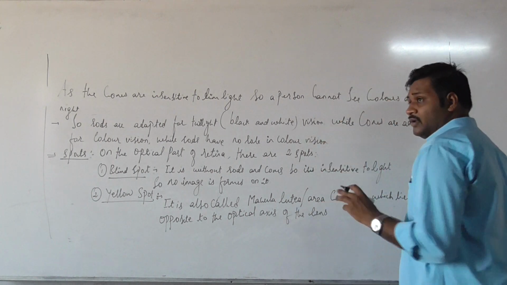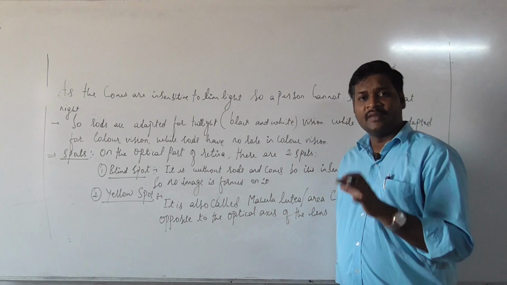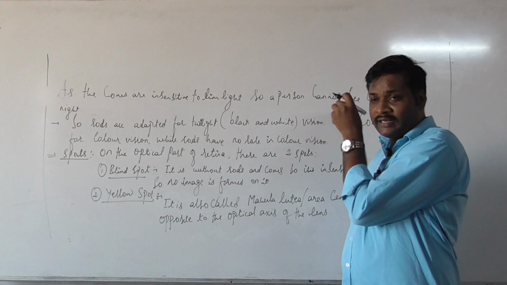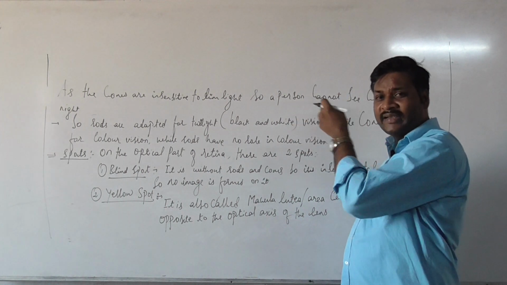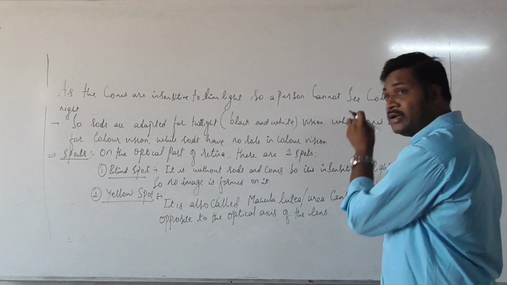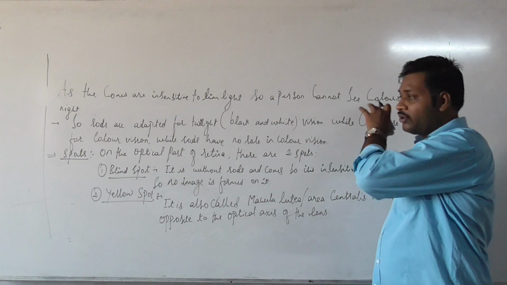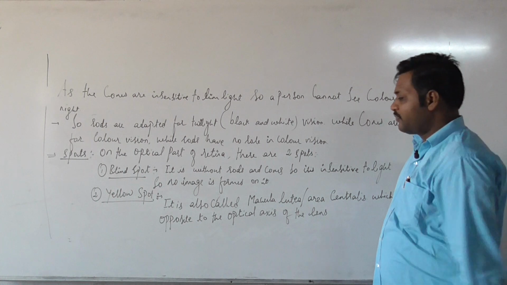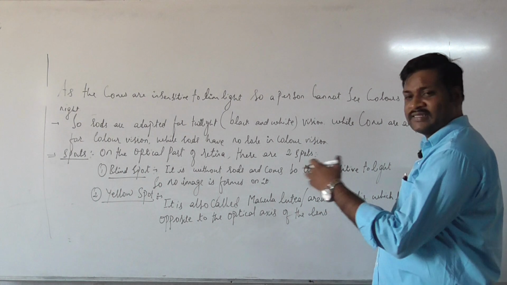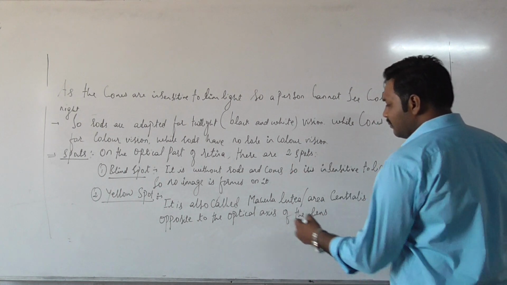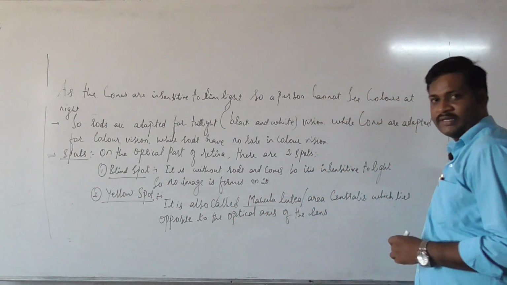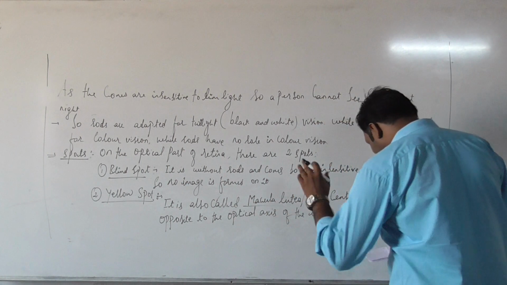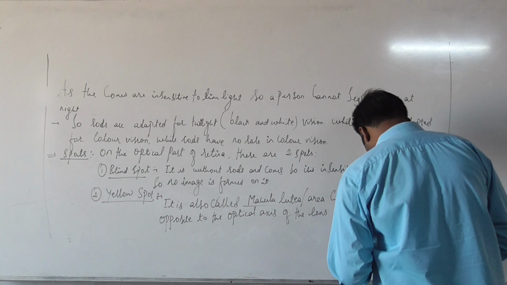So in the diagram of the eye, we have drawn a particular line which is going from the lens to the retina part. You can see that line. It is nothing but the yellow spot, consisting of the macula lutea. In the diagram you can observe this one.